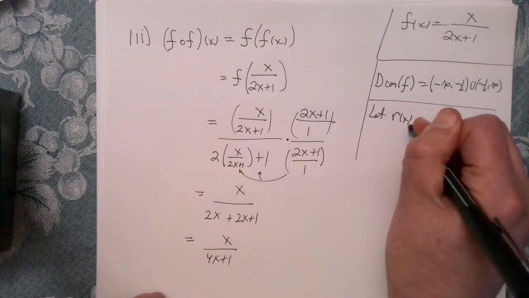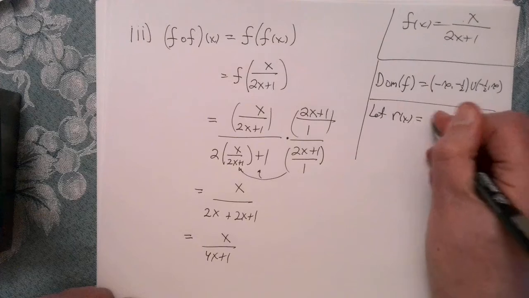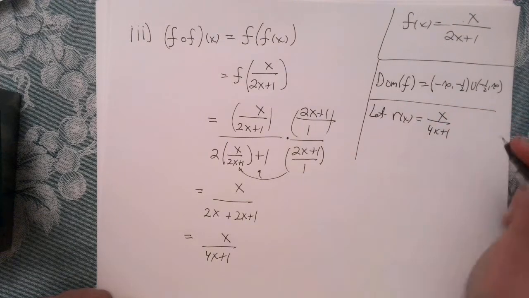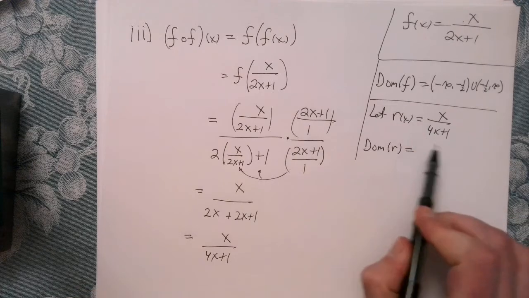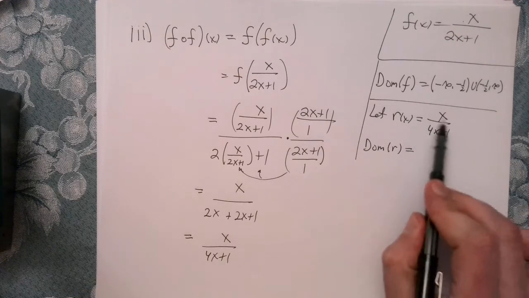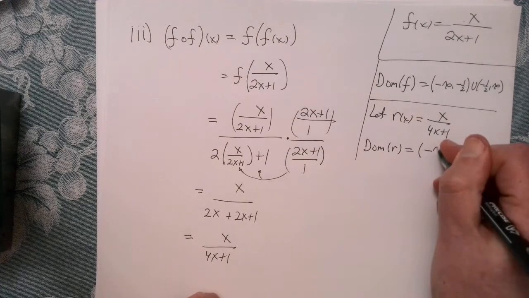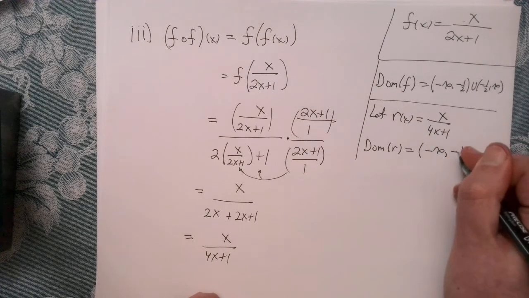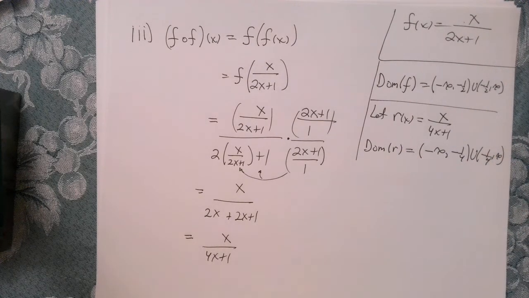Let r of x equal this final function here. And so what's the domain of r? Well, we want to avoid any choices of x that would make the function undefined. So minus 1/4 does that, so we want to avoid minus 1/4. Again, if you wanted to solve for that algebraically, you just take the denominator and set it equal to 0.